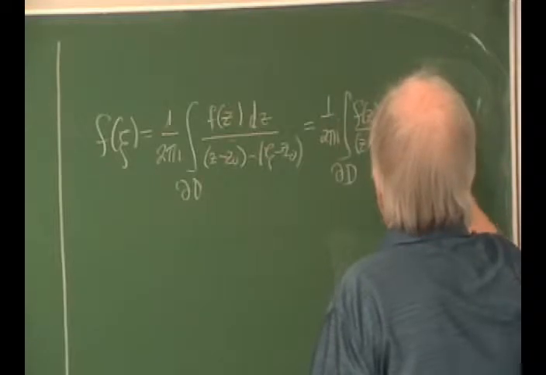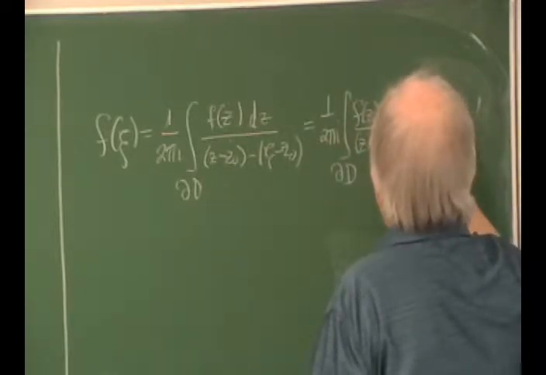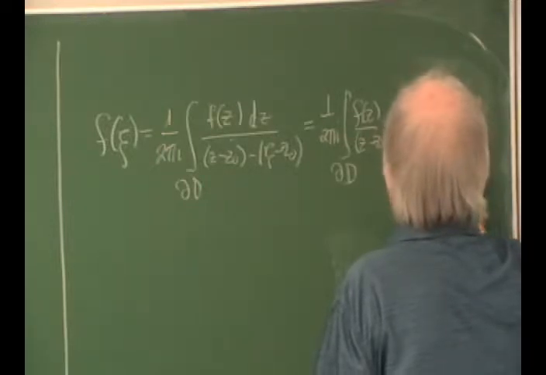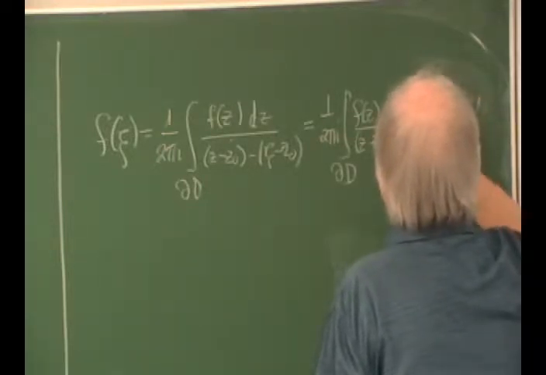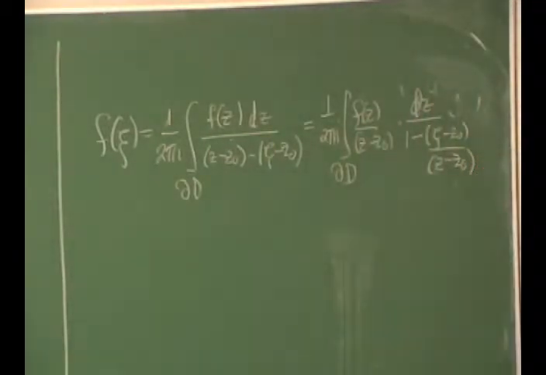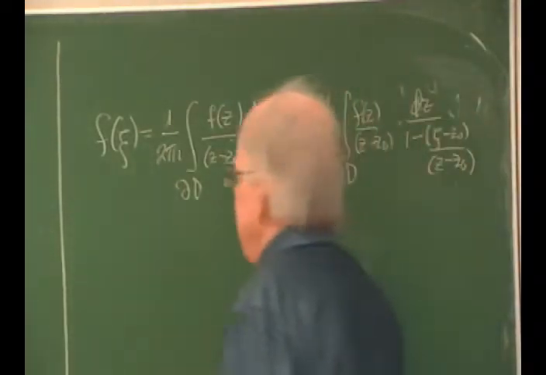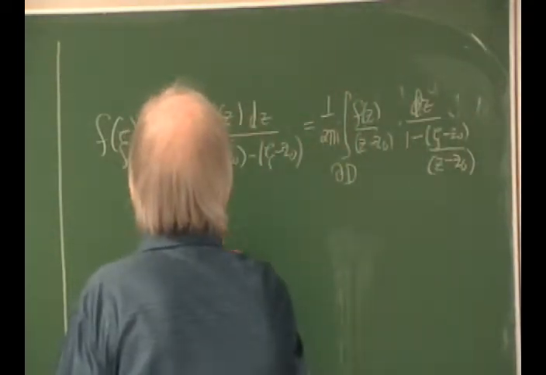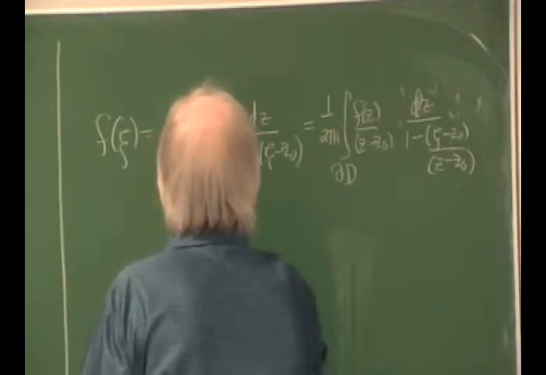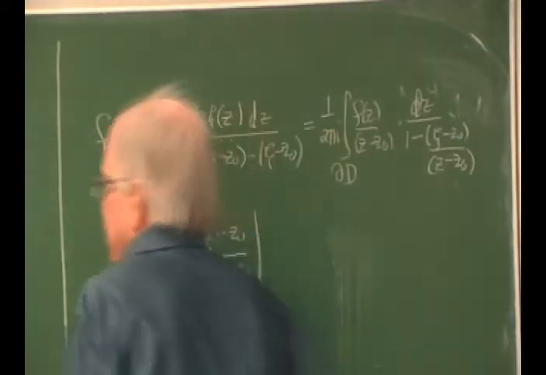And then I have a geometric series, 1 minus (zeta minus z0) over (z minus z0), with the dz here. And we force this geometric series so that this distance, zeta minus z0, divided by z minus z0, is the important thing.